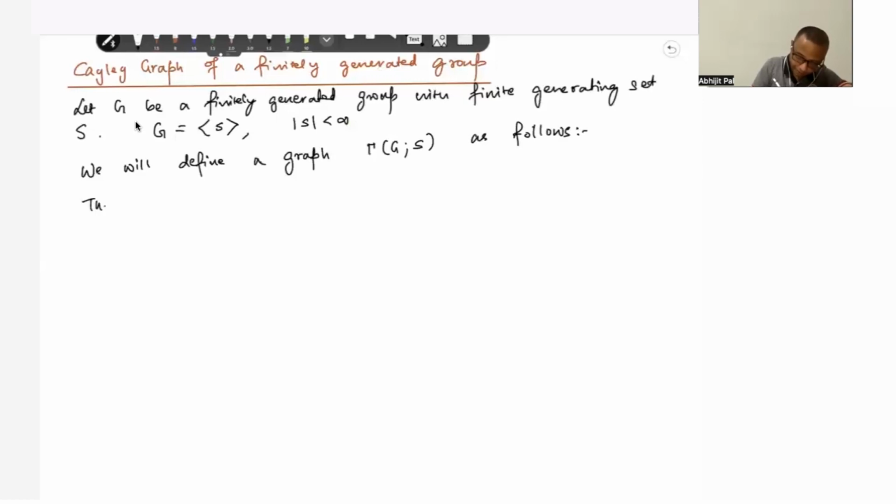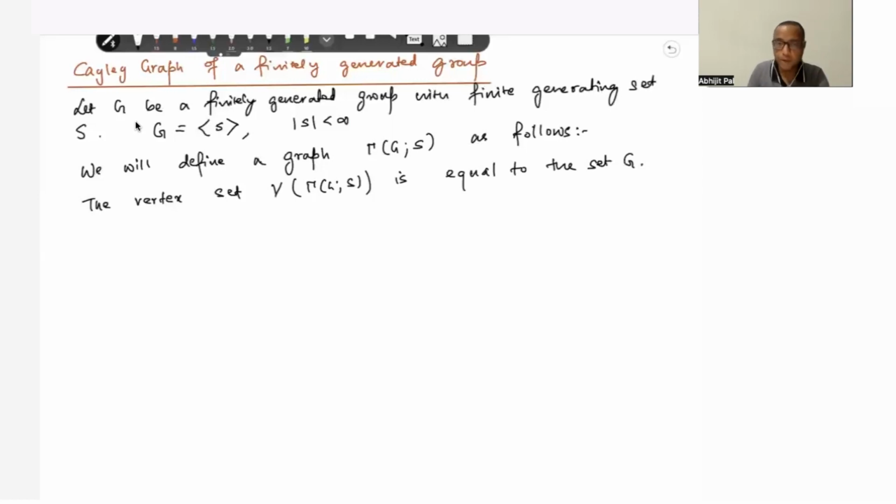The vertex set V of gamma G,S is the whole group G. Now I have to define the edge set.